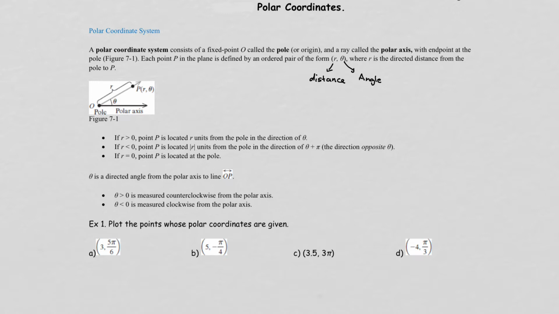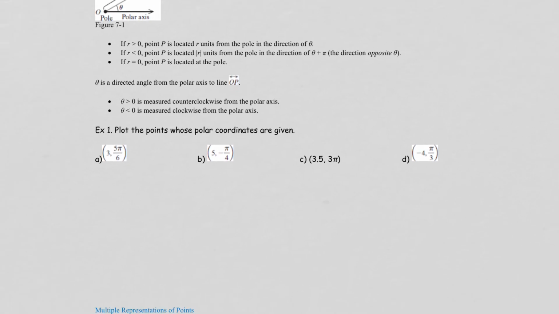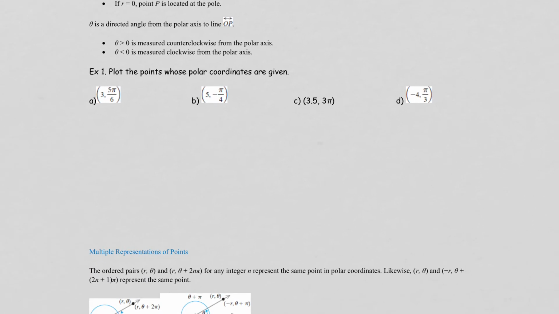So if we're looking at example 1, we wanted to plot the points with the polar coordinates given. Let's try that. If we have the x-axis and y-axis, this is going to be distance and this is going to be the angle. We go angle first from 0.